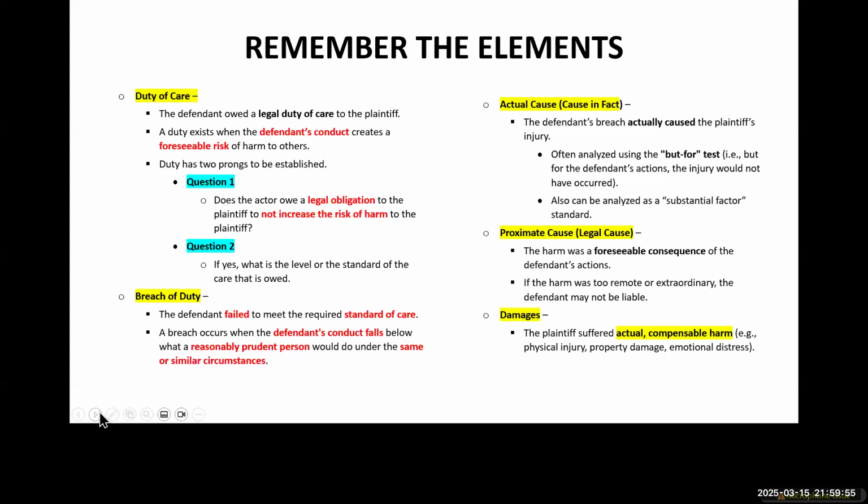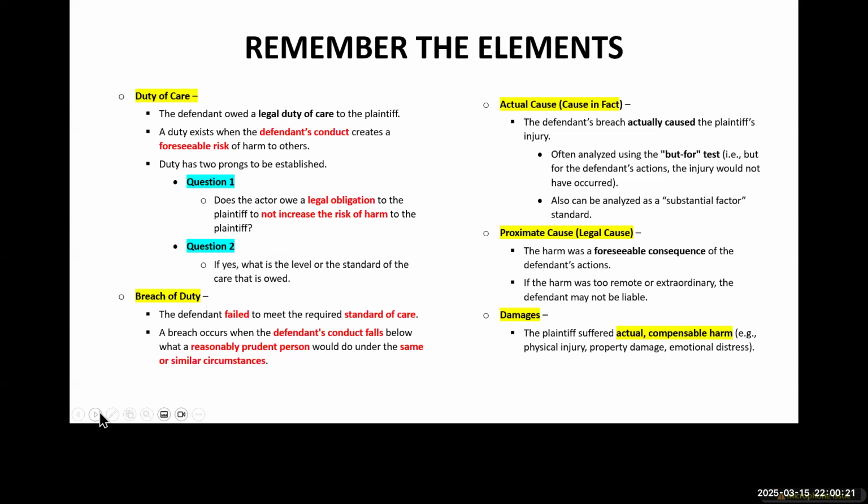That was all under duty, element one. Element two, breach of duty. That's where the defendant has failed to meet the required standard that's been identified under duty of care. Third element, actual cause, also known as cause in fact. That is, the defendant's breach of the duty of care actually caused the plaintiff's injury.